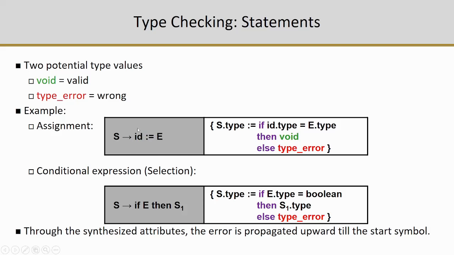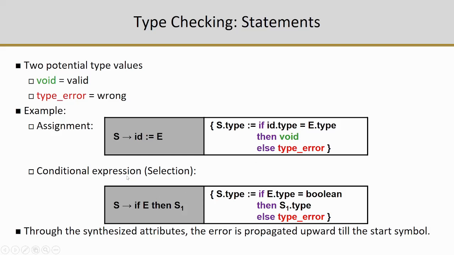We have to write them down one after the other, and in this case, its type can only be either void if it is correct, so we have the same type at both sides of the assignment, or type error if the two types differ.